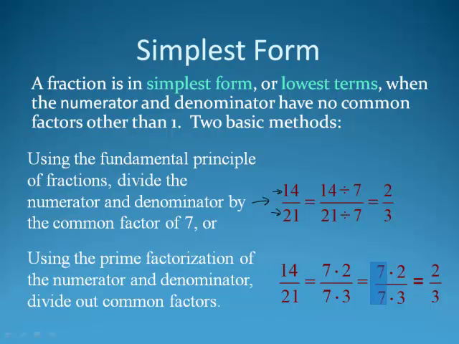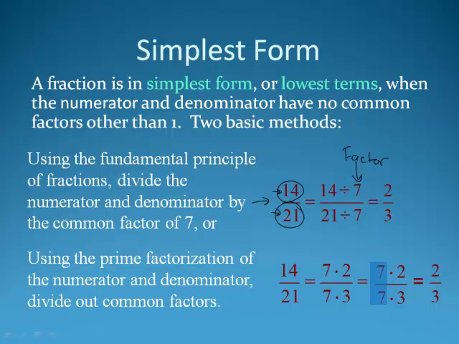The biggest number, or the biggest factor, that we can divide both 14 and 21 by evenly is 7. 7 is a factor of both of those numbers. So according to the fundamental property of fractions, if we divide both the numerator and the denominator by the same number, we will get an equivalent fraction back out. And as you can see, 14 divided by 7 is 2, 21 divided by 7 is 3, 14/21, therefore, is equivalent to 2/3.